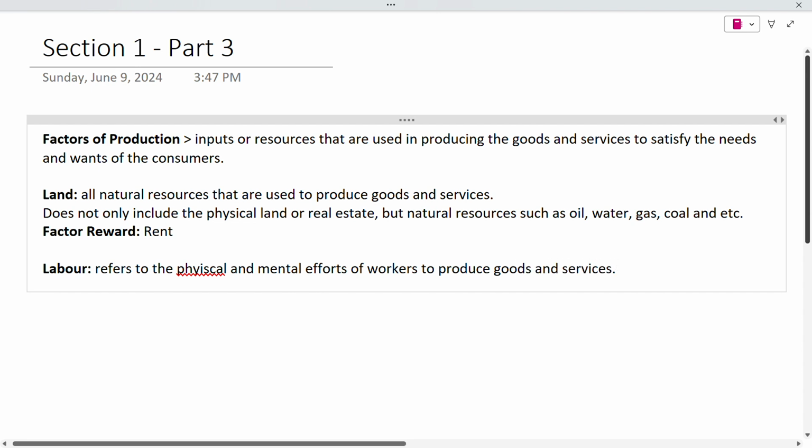Remember that the efforts of labor, the skills that they are providing, are in fact what we classify as labor. We do not classify the person as the labor.